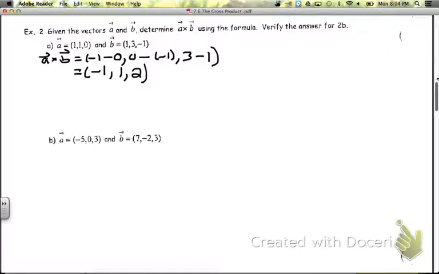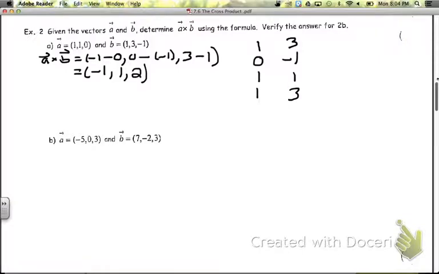So what we'll have is 1, 0, 1, 1, and then we start again at B2, so 3, negative 1, 1, 3.